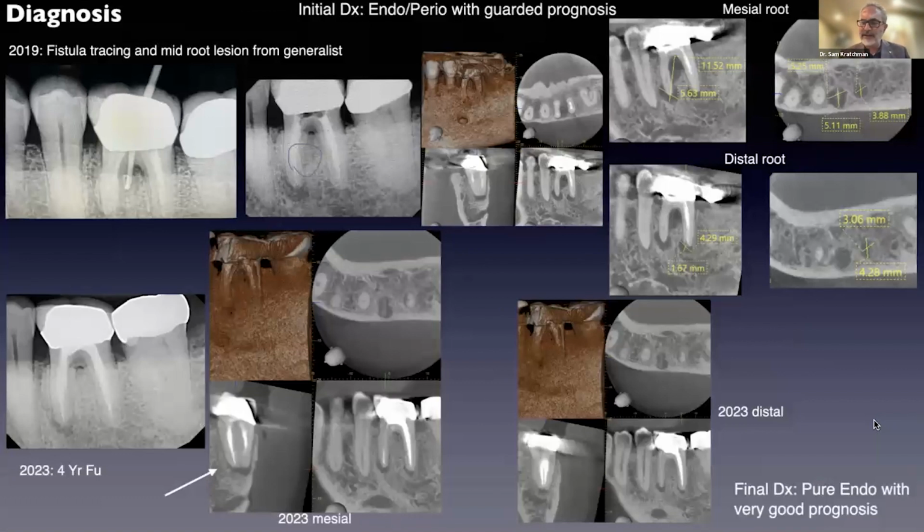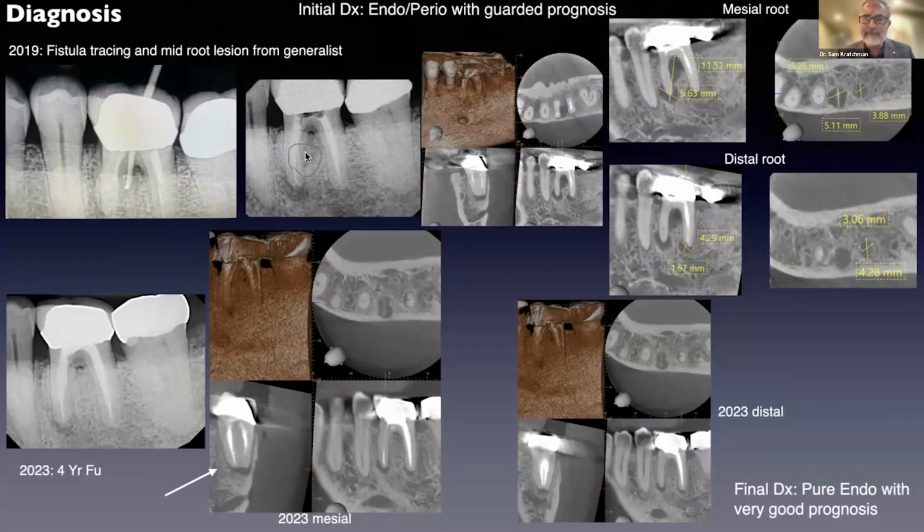This case also, just added this. Patient came in 2019 with these two x-rays sent from his referring dentist, who's a dear friend and a great referral. She traced a fistula into the furcation. So this is a perio tracing, not necessarily endo, and circled this area where she was afraid that there was a perio lesion, possibly a root fracture.